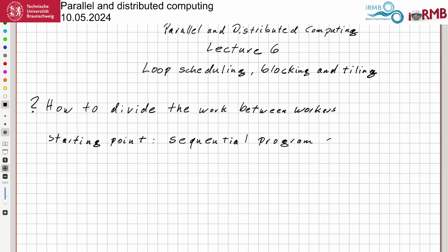So a sequential program that is processing multiple independent work items of the same kind. Independent is important, otherwise we cannot easily split them up.